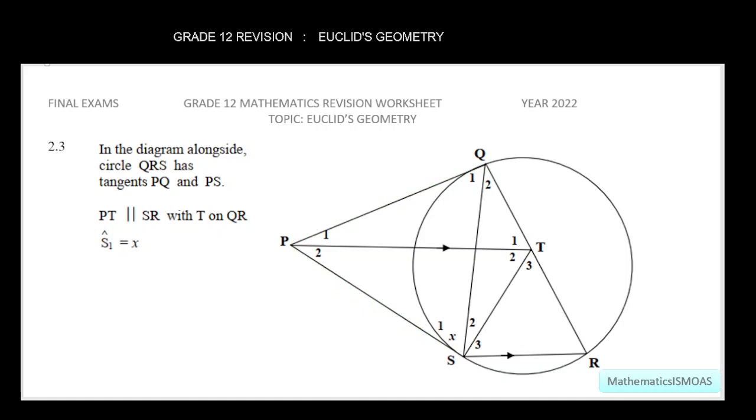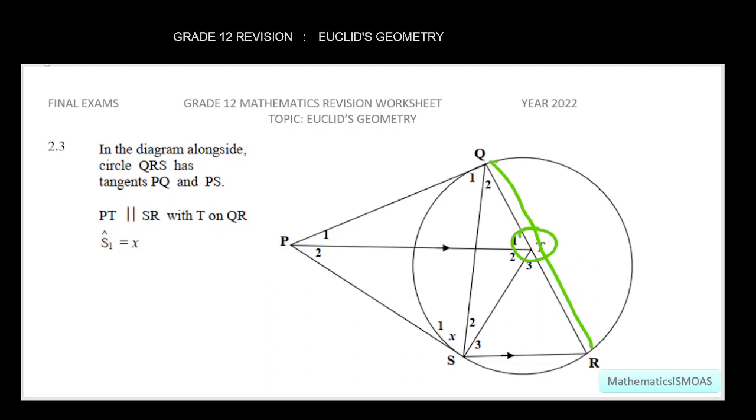Then PT is parallel to SR. There are parallel lines, so you should be thinking about your what? Corresponding angles, alternate angles, co-interior angles. PT is parallel to SR with T on QR. T is on chord QR.